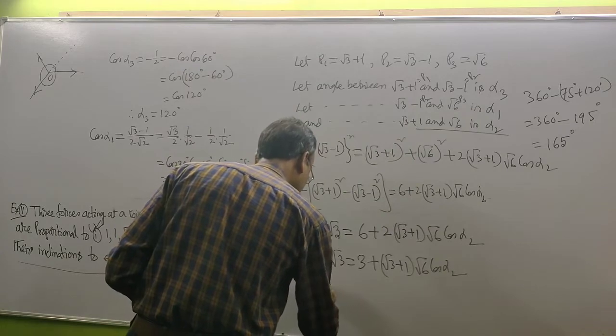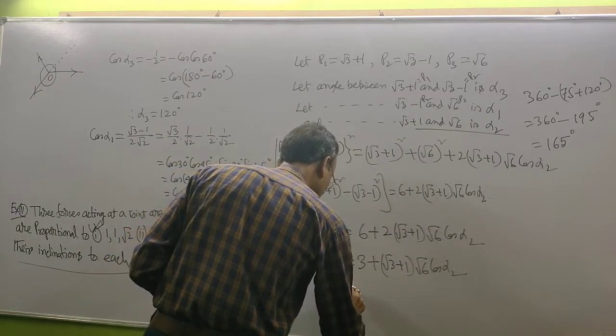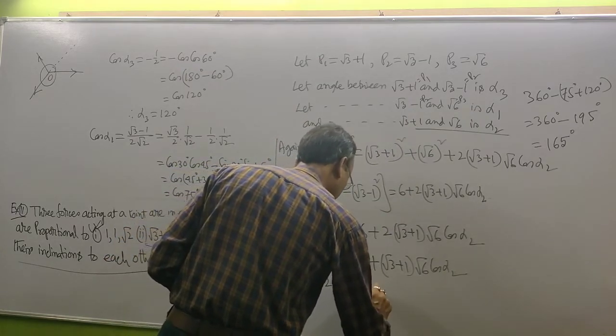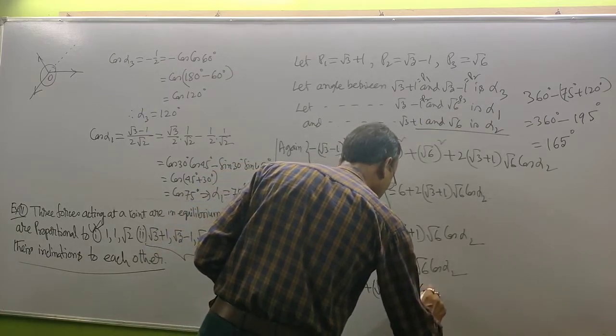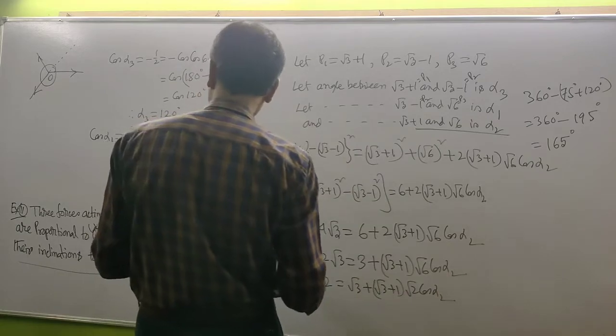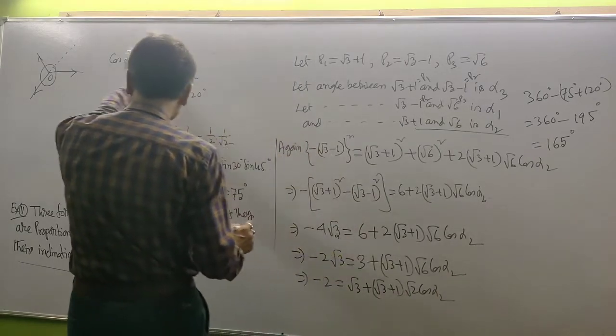Now divide by root 3, should be equal to root 3 plus root 3 plus 1 into root 2 cos alpha 2.